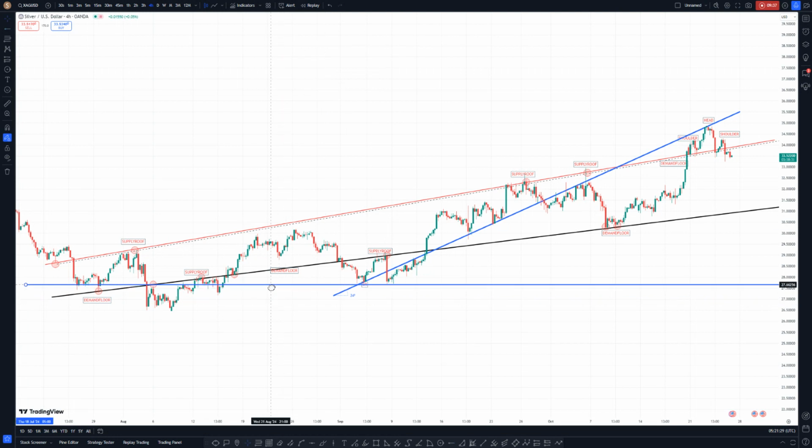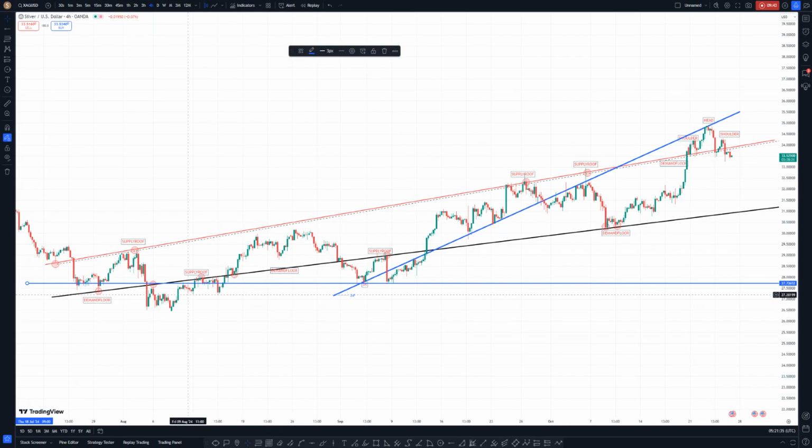This is a demand floor. On retest, you can see the price action. We have a break and a retest here, and price broke the structure, and on return, market stabilized.